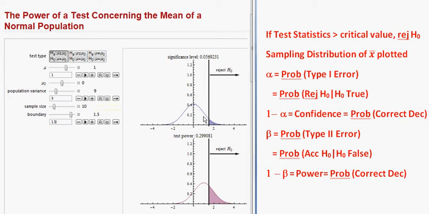In terms of making the decision, we are using 1.5 as the critical cutoff point. If x bar is less than 1.5, then x bar is very close to mu naught, and we decide that we, quote unquote, accept the null hypothesis. But if x bar is more than 1.5, then we reject the null hypothesis. The right tail area here is called the significance level.